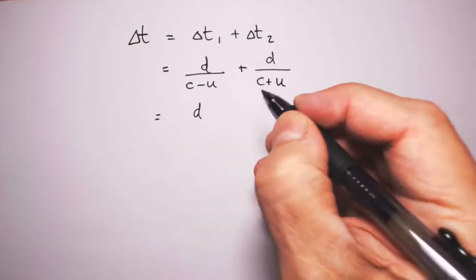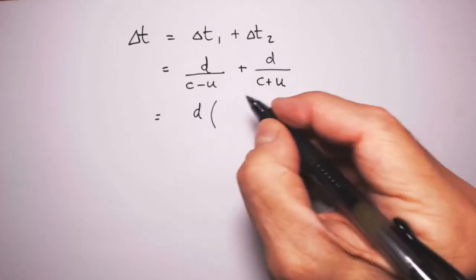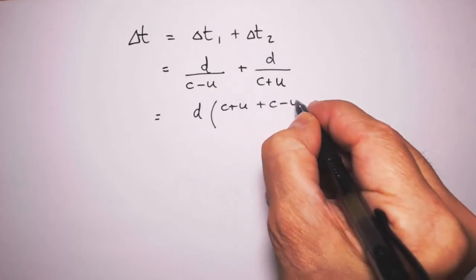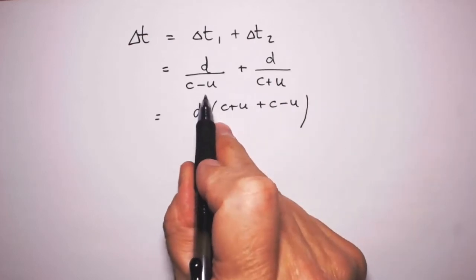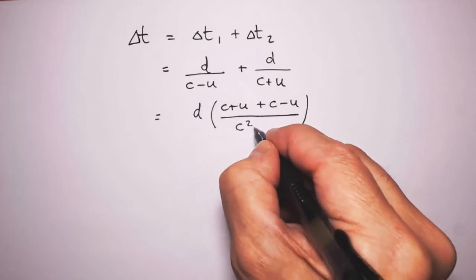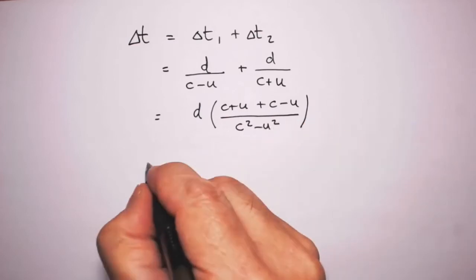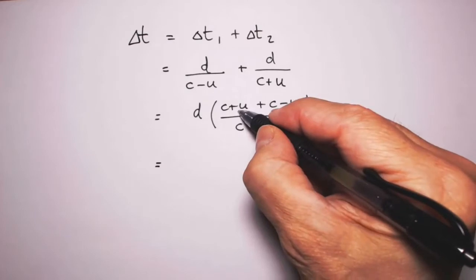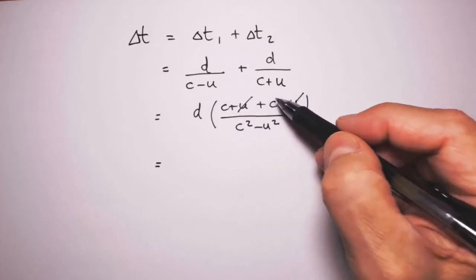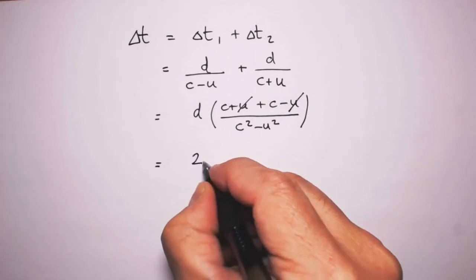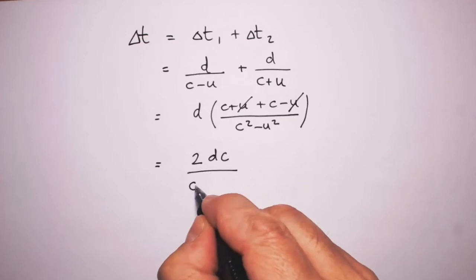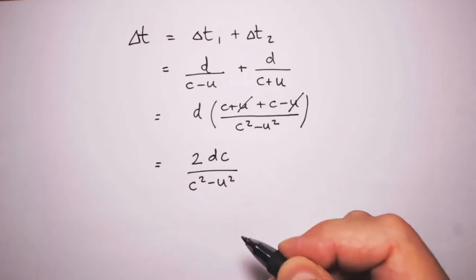So we have d into c plus u plus c minus u divided by c minus u times c plus u, which gives the difference of squares c squared minus u squared. The u minus u here cancels, and then we have a 2c, so we have 2dc over c squared minus u squared.